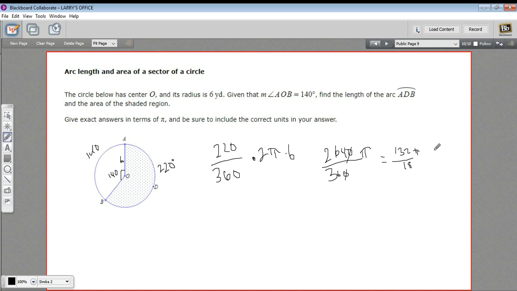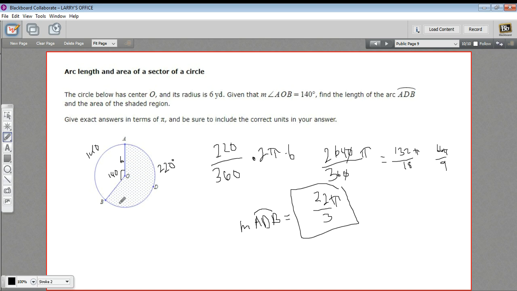So that is 66 pi over 9. And both of those are divisible by 3. So that looks like 22 pi over 3. And I think that's as simple as we can get it. So there is our arc length. So the measure of ADB is 22 pi over 3.